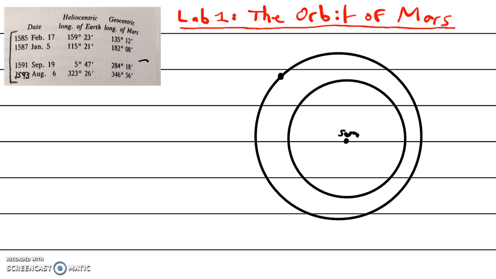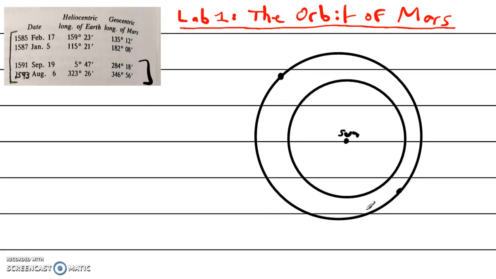The second pair of data points corresponds to the position of Mars in a different place in its orbit, for example down here. The subsequent pairs, which are not shown in this screenshot, correspond to other places which you will not be using in the lab. So you will only be using the first two pairs of data points.